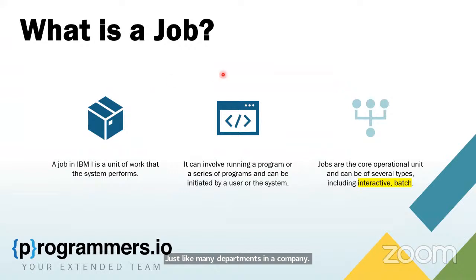So what is a job now? A job is a unit of work that the system performs. We can say it's a program or a series of programs, and it's called by a user. A program by itself will not be a job, correct? It has to do some work.